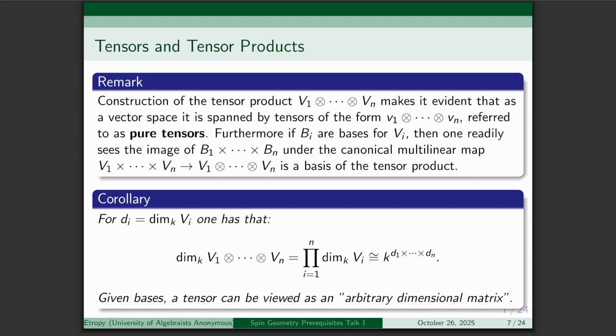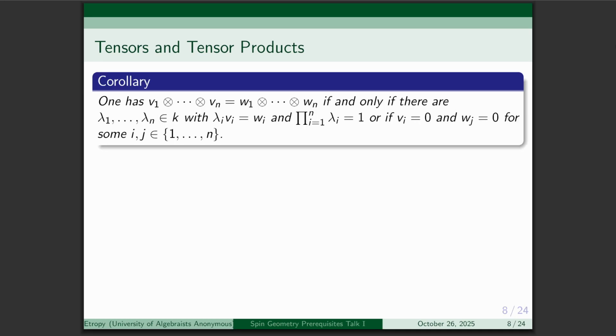Now, something to note, another way to think of tensors, we can just very concretely look at what pure tensors look like and try to visualize those. It's not difficult to verify, specifically because we have this basis dependent description, that two pure tensors in some ambient tensor product are equal exactly when we can pull factors out of each of the factors in the tensor product such that they all equal 1.